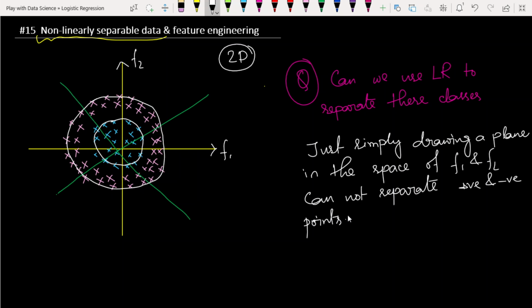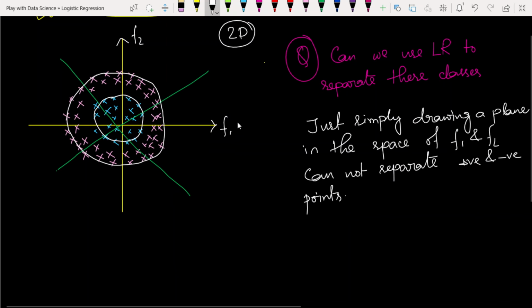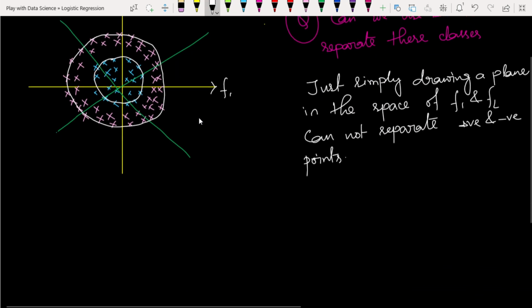You can see here, simply using a plane, it is not possible. Now, what do I have to do here?